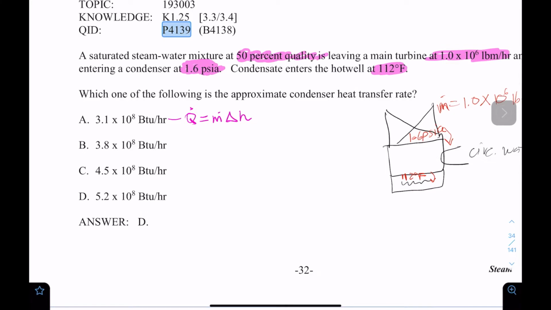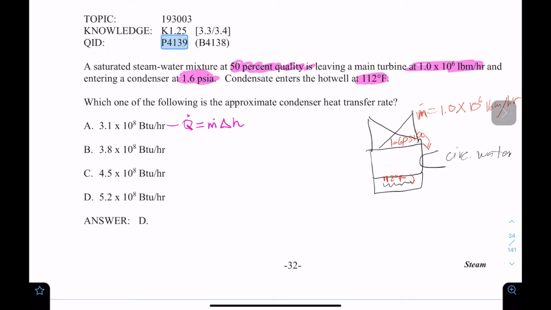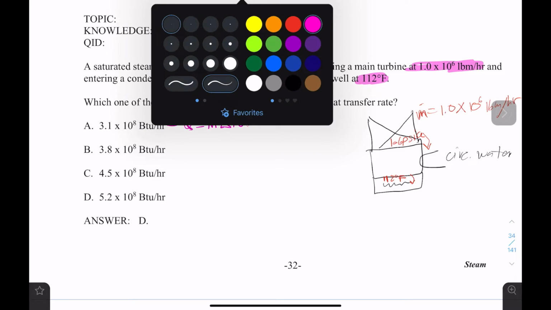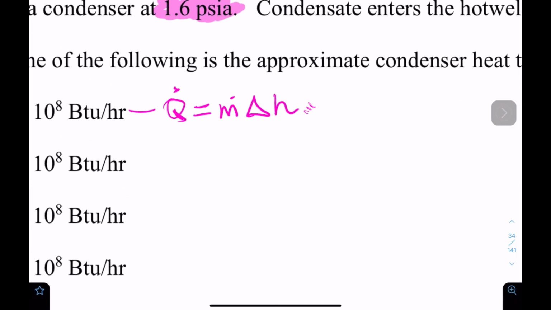But okay, there's another extra step here. I cannot just go directly and use this part. Why? Because it's telling me that I have a saturated steam water mixture here, right? So what do I have to do first? I need to determine my enthalpy. So that one is easy.